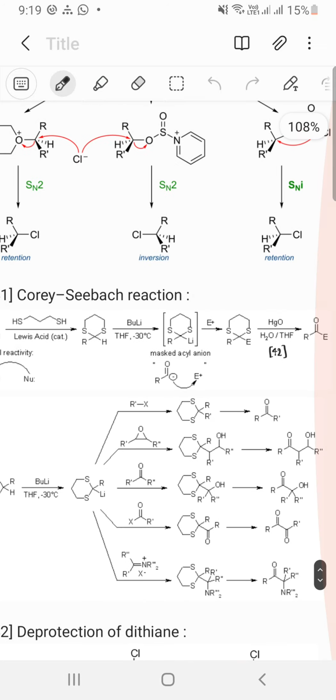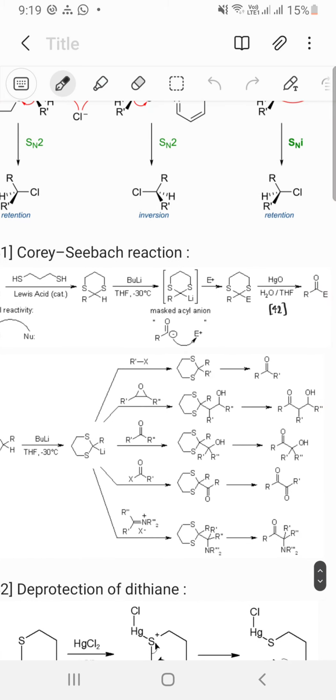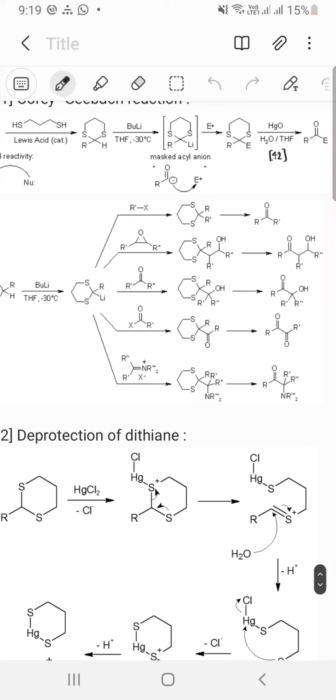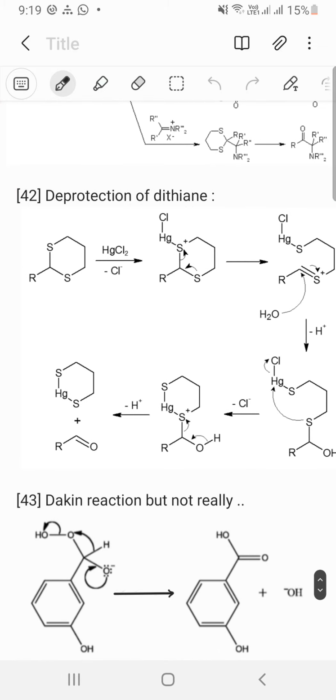And this dithiane is also used for protection of some groups, and it can be removed with HgO. Okay, fine. So you can form a lot of stuff from that. Okay, then deprotection of dithiane, exactly, that's what I was talking about.